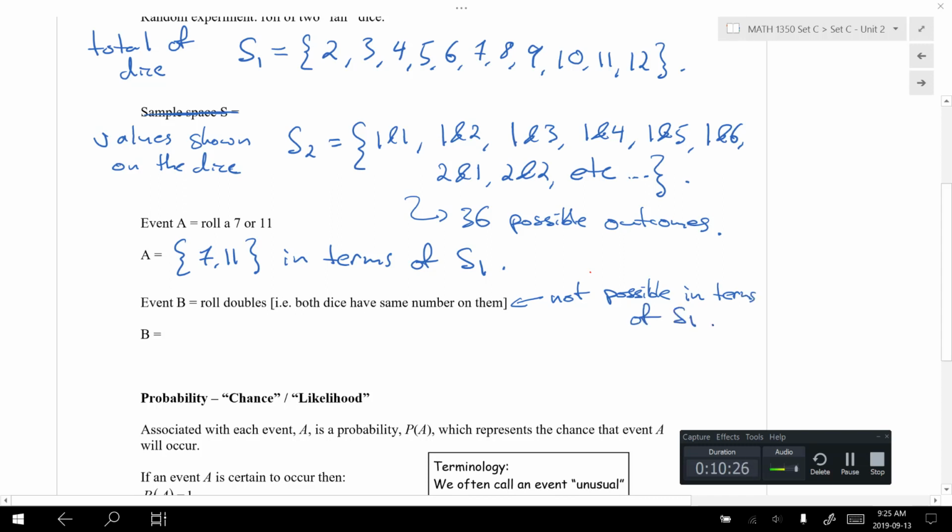But we can write this in terms of S2 in the following way. We're requiring doubles, so we have 1 and 1, 2 and 2, 3 and 3, all the way up to 6. And as we say, this is in terms of S2.